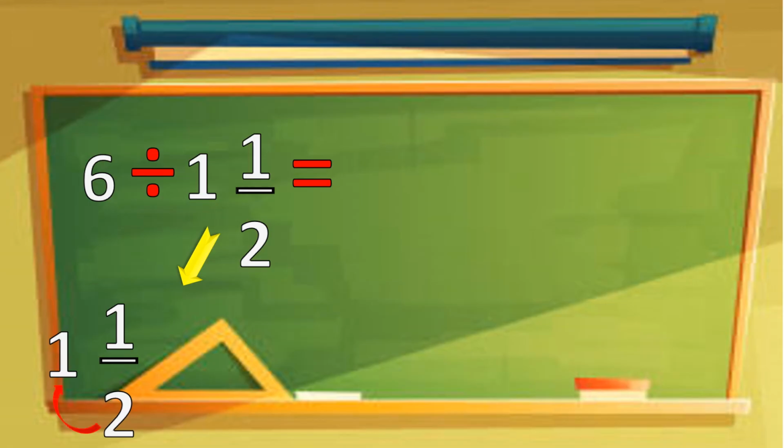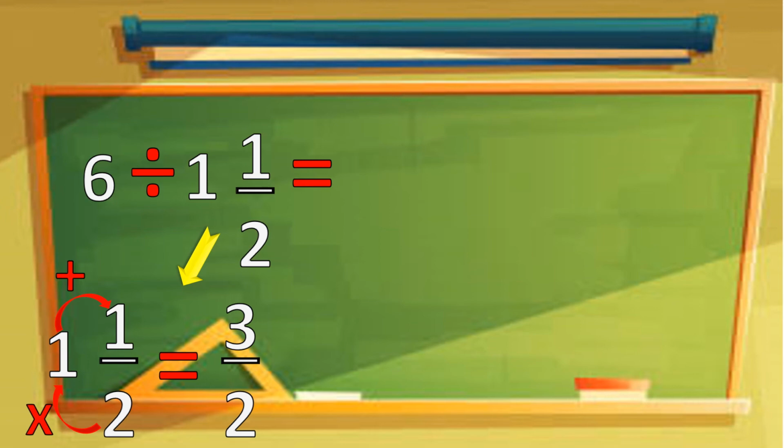M-A-C: multiply, add, and then copy. So we multiply 2 times 1, and that's 2. We add 1, we have 3, and then copy the denominator 2.